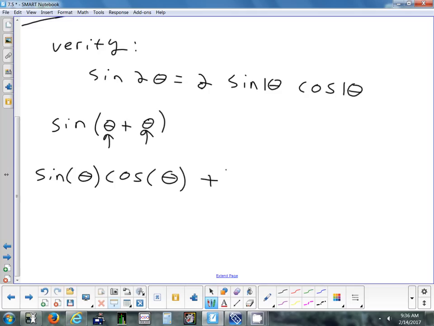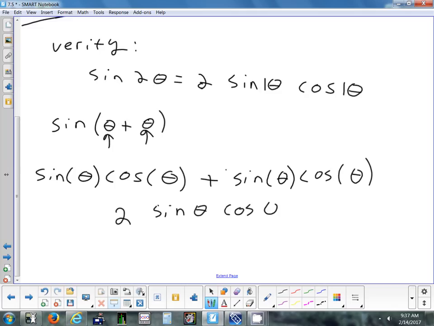Sine of the second, which happens to be the same, so you're not going to notice a difference here, and cosine of the second. So I have sine cosine plus sine cosine. I have this sine cosine how many times? Twice. I have 2 sine cosine. And that's where this comes from.